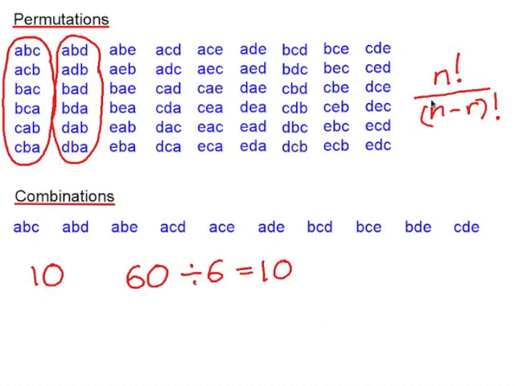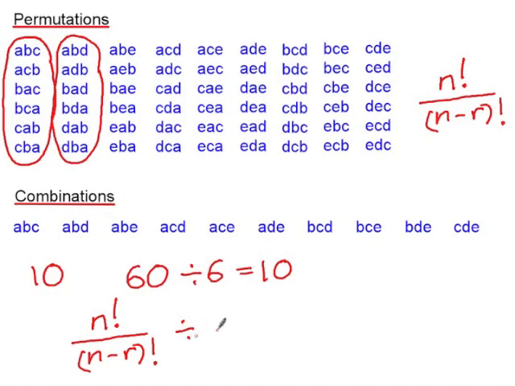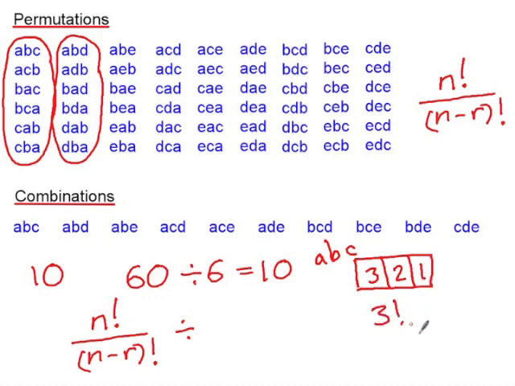Now using my formula, I've divided by 6. Now where does the 6 come from? If I want to make a 3-letter word from the letters A, B and C, I would have 3 options for the first letter, then I've used a letter, so 2 options, 1 option, or 3 factorial permutations of each set of 3 letters.